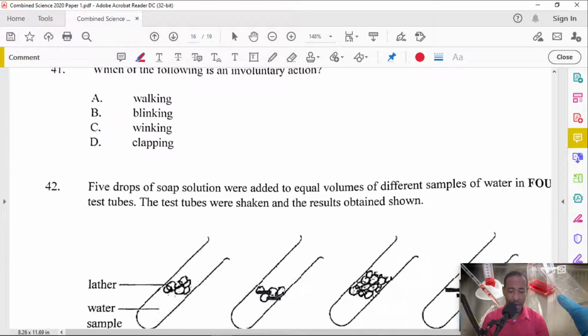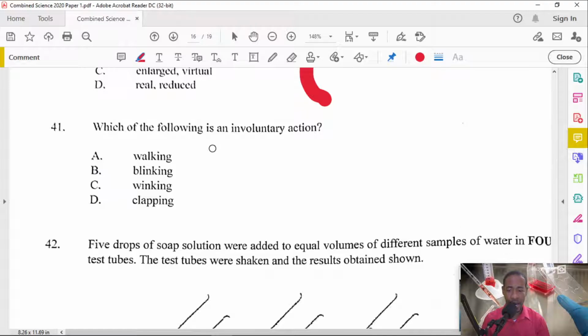Let's look at question number 41 real quick. Question number 41 said, which of the following is an involuntary action? When you say involuntary action, it means you are not able to control this action. So walking, you control that, definitely. Blinking, you don't control blinking.